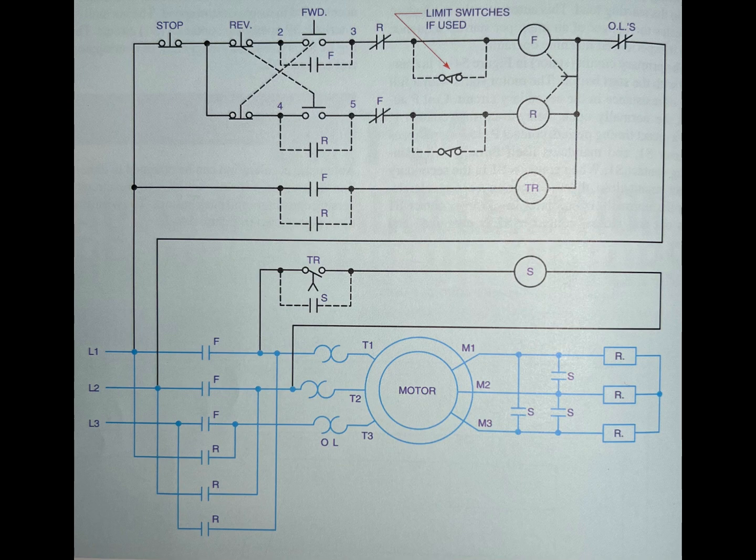This is due to the slip necessary to achieve the relative motion required for induction and the operation of the rotor. The percentage of slip determines the value of the secondary frequency and voltage. If the slip is 5%, then the secondary frequency and voltage are 5% of normal.